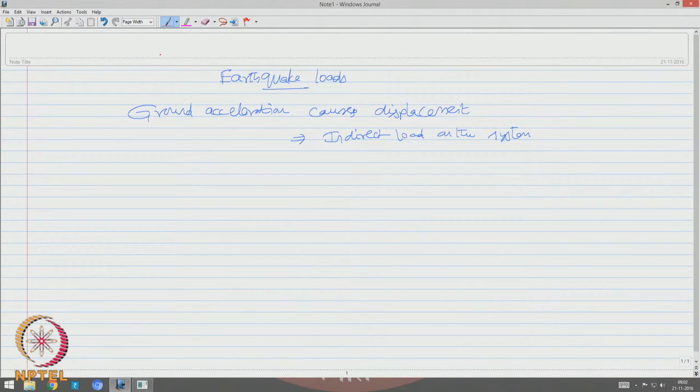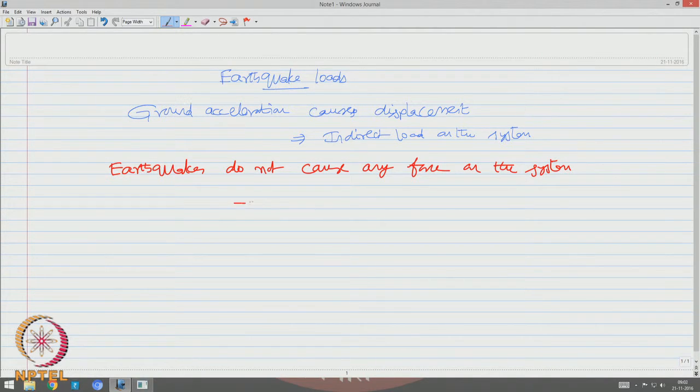On the other hand, it is interesting to note that earthquake forces or earthquakes do not cause any force on the system.